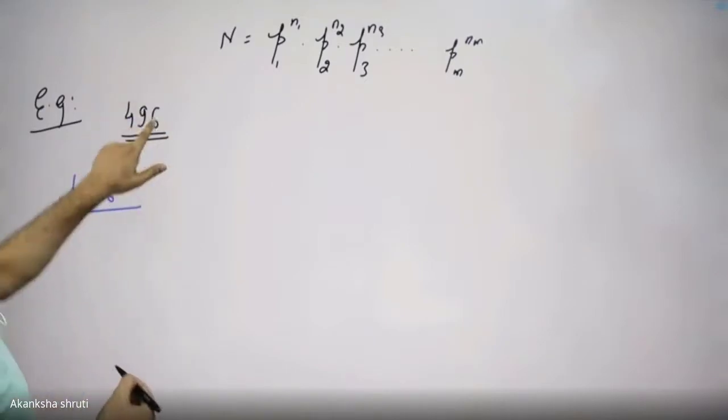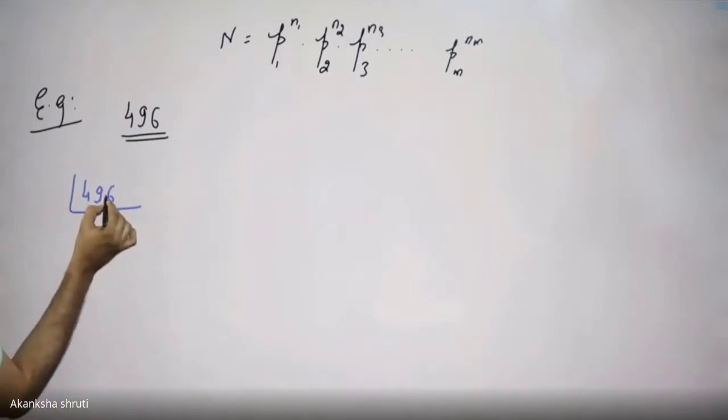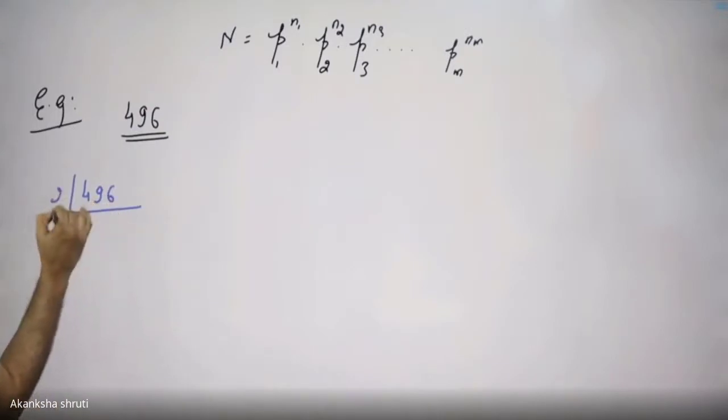For 496, go for taking the LCM. The smallest prime number by which it is divisible is 2, because the unit digit is 6, it is even, so divisible by 2.